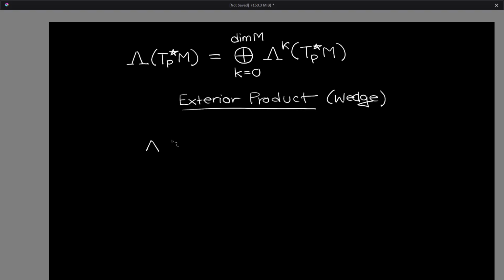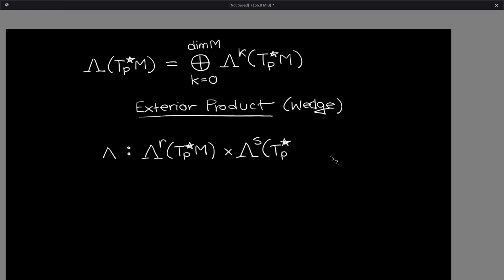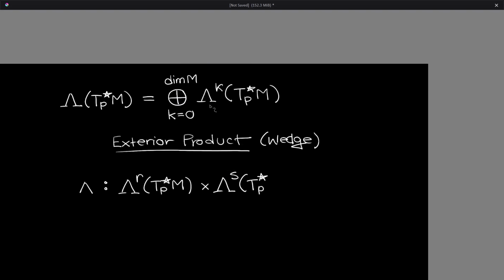So the wedge goes from lambda r of TP star m cross lambda s TP star m. So an R form and an S form. So maybe I forgot to mention this.